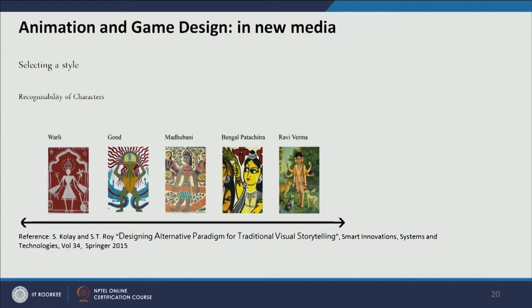So while selecting a style, we also need to know what kind of style we can adopt in animation, what kind of style will be difficult to adopt in animation, and what kind of style will be much easier to adopt in animation.